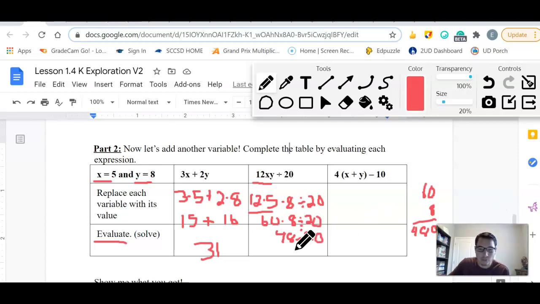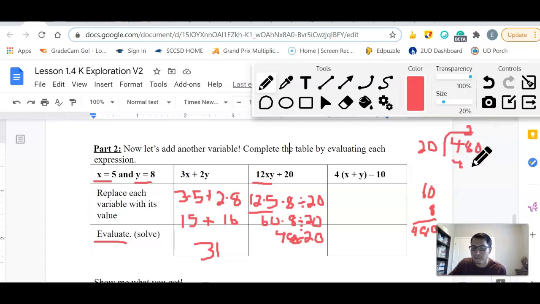Again, that's 480 divided by 20. I don't know what 480 divided by 20 is, so I'll show my work over here. 20 goes into 48 2 times.